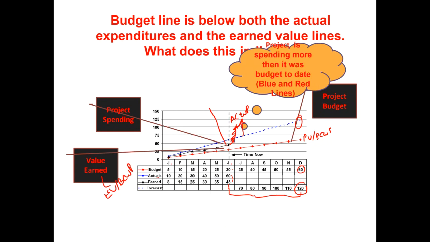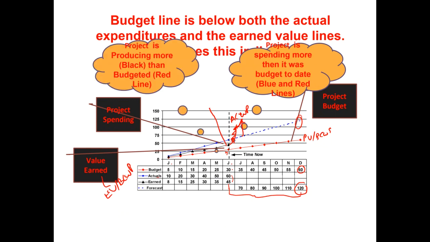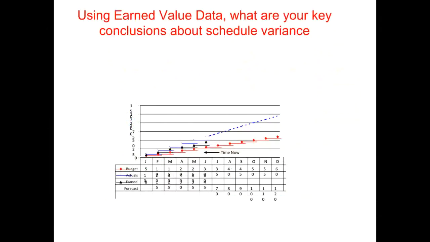The project should have tried to stay close to this red line, but we have spent much more than that. Even though the project is producing more, the black actual performance line is higher, but our actual cost spend is much higher, which is leading to our forecast of an increase in the project cost.